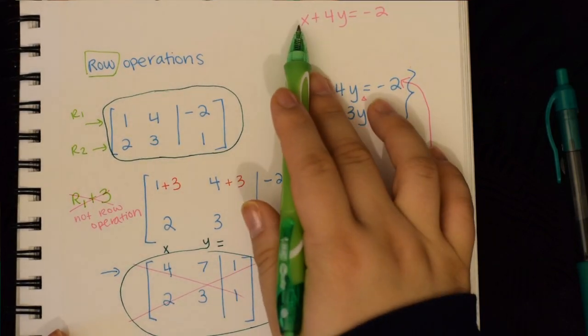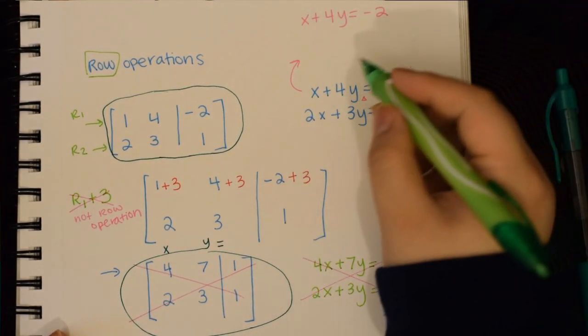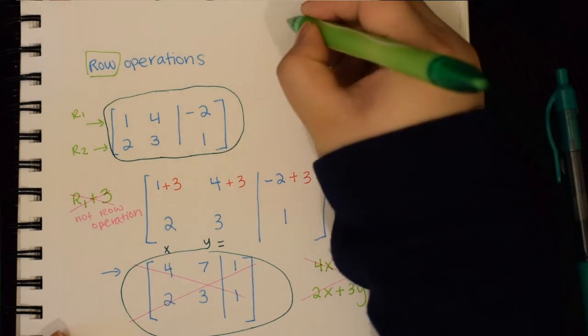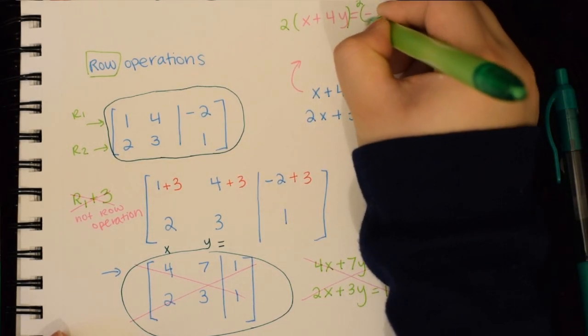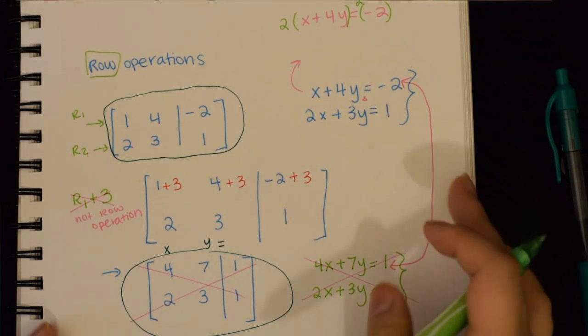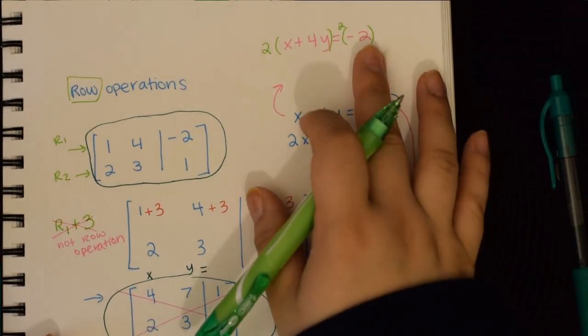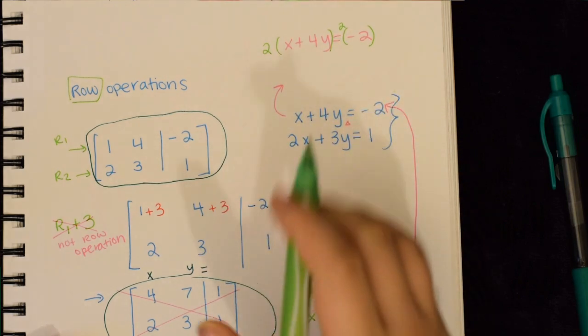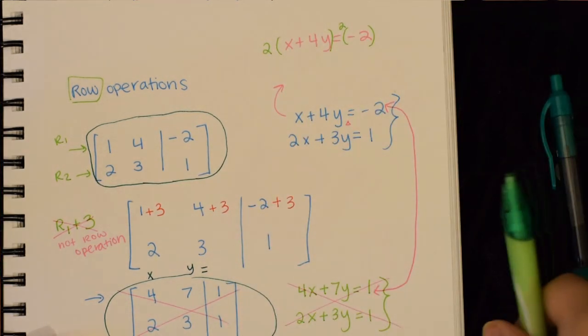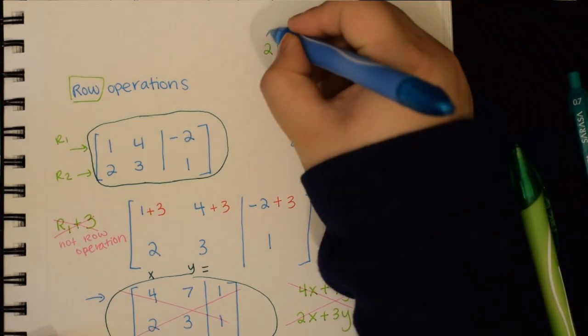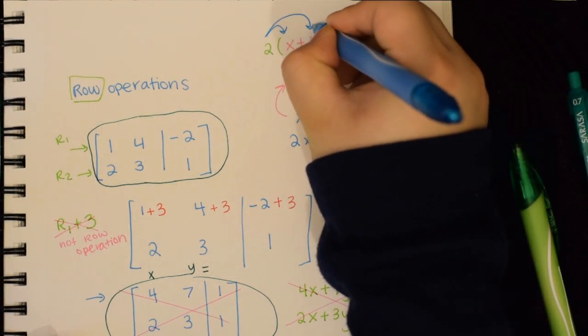But here we can, for instance, multiply both sides by 2. So I'm going to just write that in. 2 and then parentheses 2, right? So we would have this, but if I were to do 2 times x plus 4y, remember we need to do the distributive property.